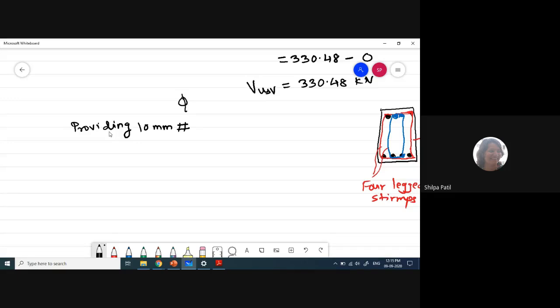These notations are used purposely so that when we put all the details on our sheet, there are differences between the diameters of the bars used for different purposes. The diameter indicated by this sign is normally used to indicate the flexural steel, that is the steel which mainly takes part in resisting the moment, and this one to indicate the shear reinforcement, the reinforcement which mainly takes part in resisting the shear force. So this is 10 mm diameter, two-legged stirrups.